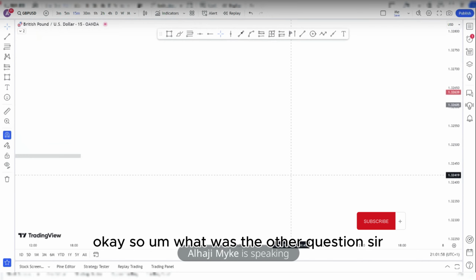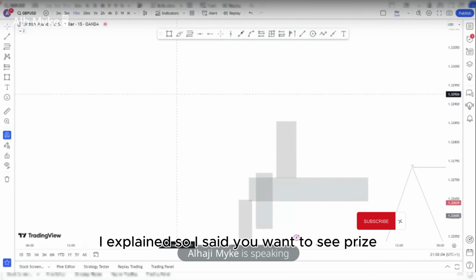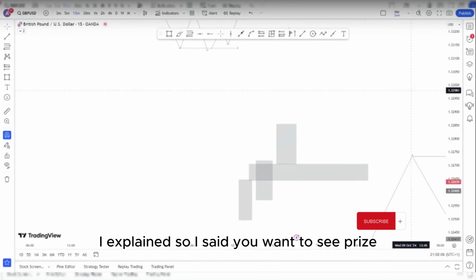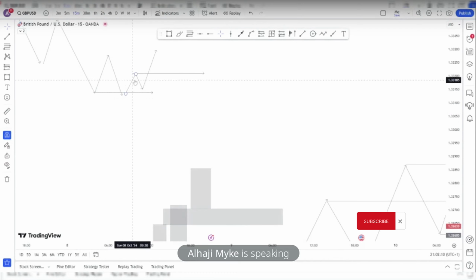Okay, so what was the other question, sir? The other question was on the short-term high. I explained, so I said you want to see price taking out liquidity, moving upward, retracing a bit. When I say retracing a bit, it doesn't come back to take out this swing here. It doesn't return to this point at all.